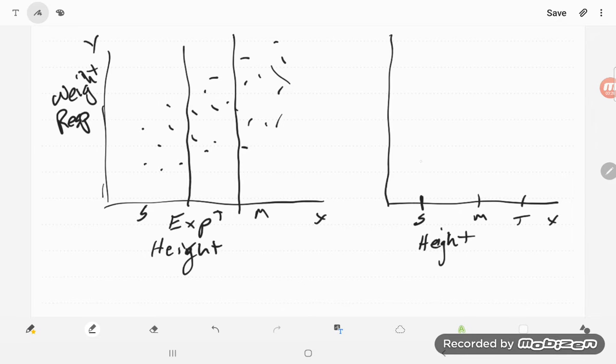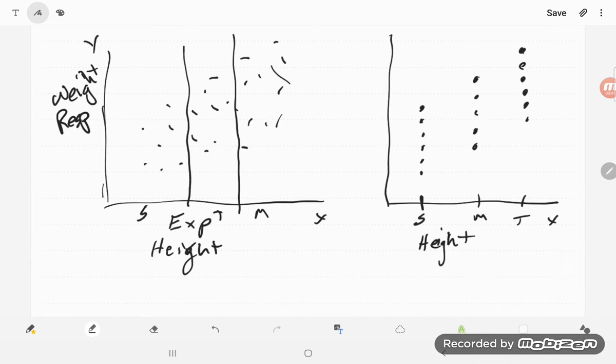And if I were to plot that way, I would just get dots, sort of along these lines.